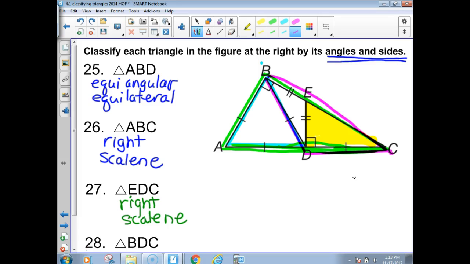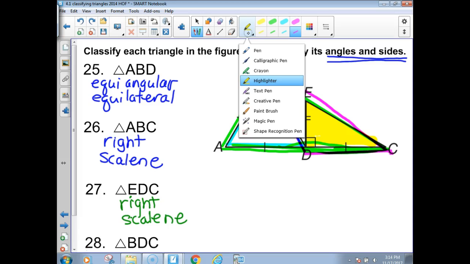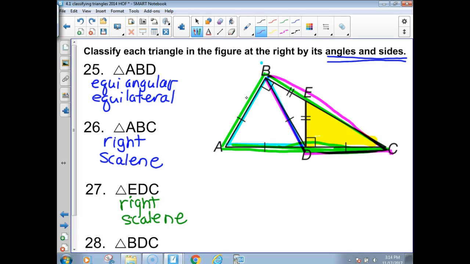Now do you see 5 triangles? Okay. All right, BDC, what kind is that thing? Well, this is 90, and then you got to add some more on, so it's got to be bigger than 90 there. It's an obtuse. Obtuse and what? Oh, yeah, because this side's equal to that side. So obtuse and isosceles.